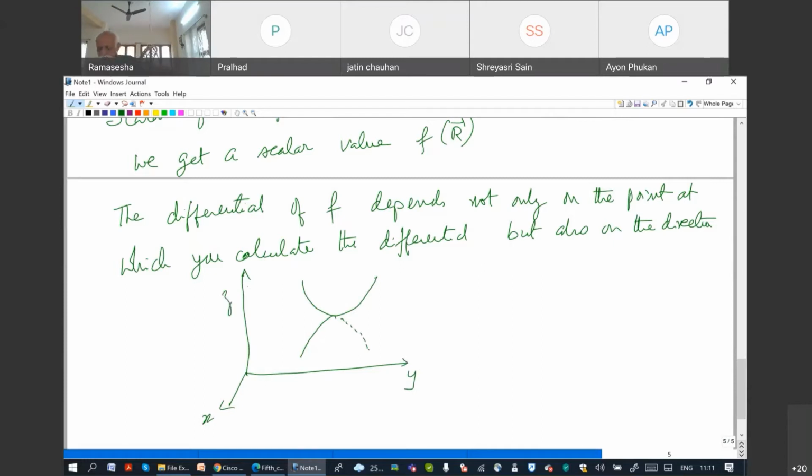So this is like a saddle, in the sense that in the yz plane it is showing a minimum, but in the xz plane it is showing a maximum. Do you understand this? Okay, so let me see whether I can make a better drawing.